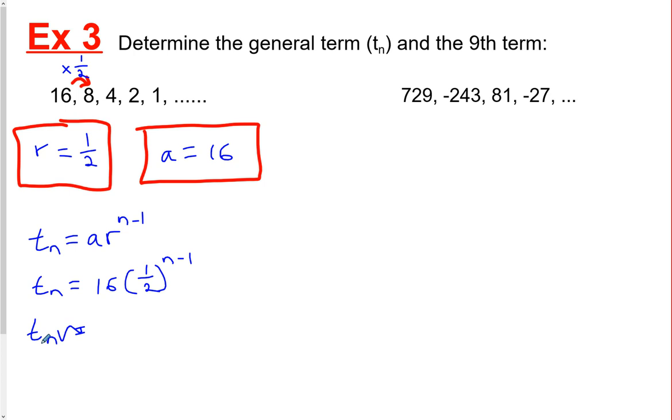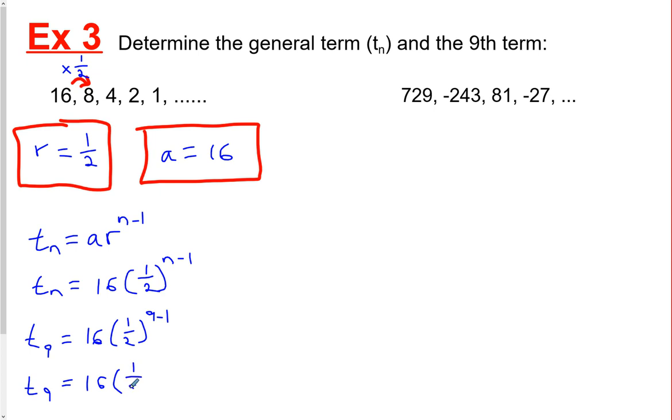So now I want to find the 9th term. Let's sub in a 9 wherever we see an n and see what we get. So 1/2 to the 9 minus 1. 9 minus 1 is 8.